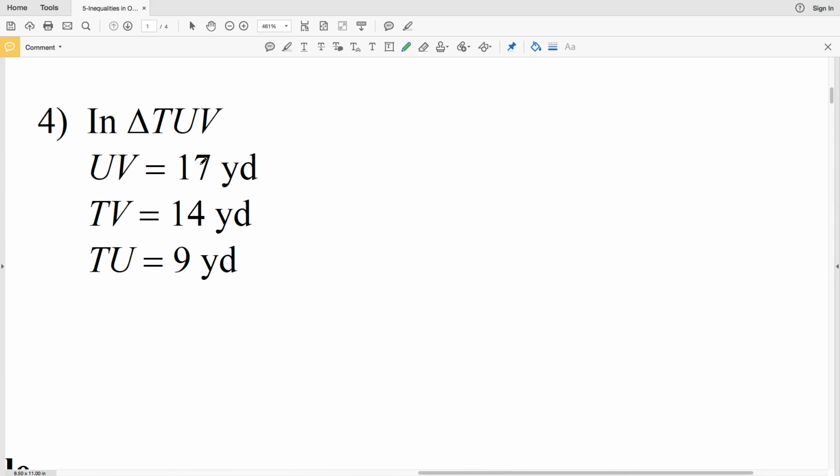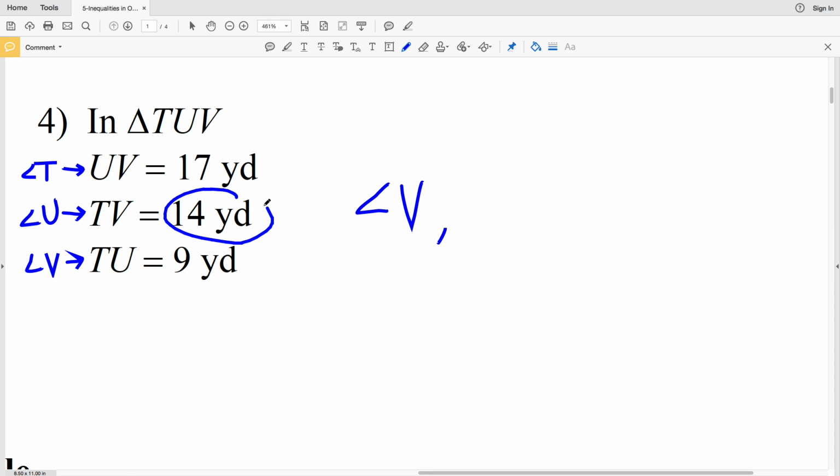In number 4, we're looking at triangle TUV. So right away, the angle opposite side UV is angle T, the angle opposite TV is angle U, and the angle opposite TU is angle V. So the smallest side is TU of 9 yards. Therefore, angle V is the smallest angle, the angle opposite that side.